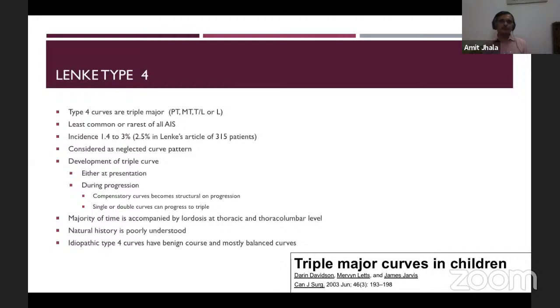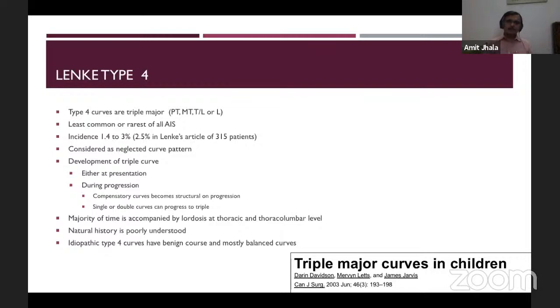It can be a triple curve at presentation, which is a very juicy case, if you have it as a primary presentation at 12 or 13 years. But usually what we see is during progression, where the compensatory curves become structural and progress. So it can be single, double, or progress to triple major curves.